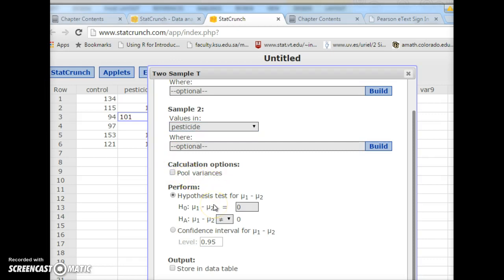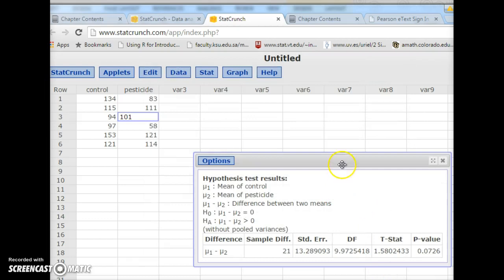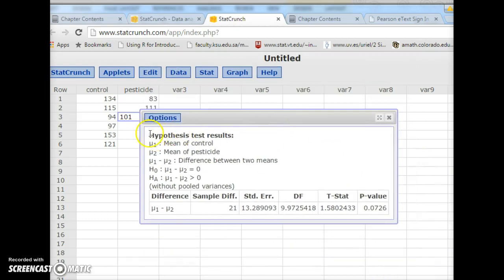Our hypothesis in this case: we want to know whether the pesticide group had fewer bugs than the control group. So we want to know if sample 1 is greater than sample 2. That's the same as greater than. So we hit compute, and we get our results.